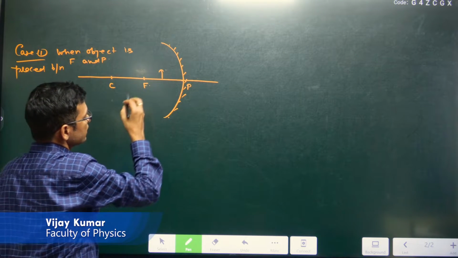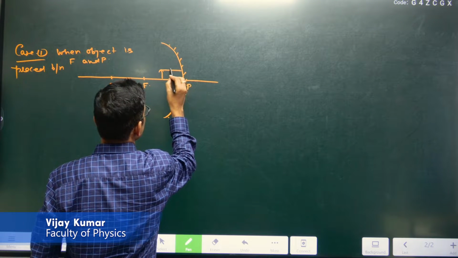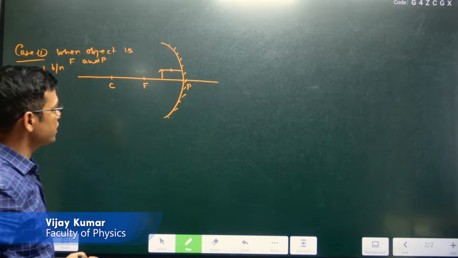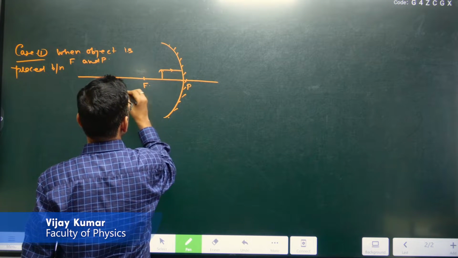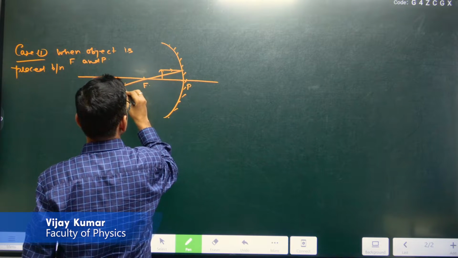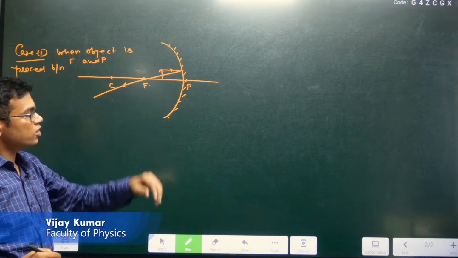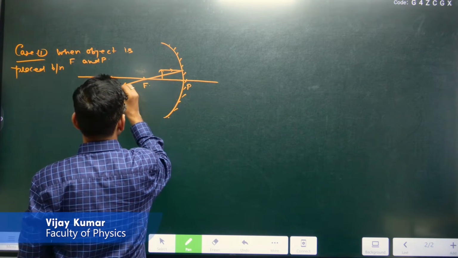The first ray, if it passes parallel to the principal axis, after reflection from the mirror will pass through the focus. One ray, if it passes through the center of curvature, will retrace its path.